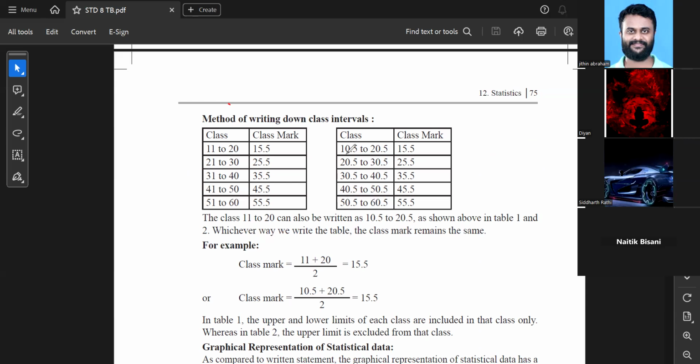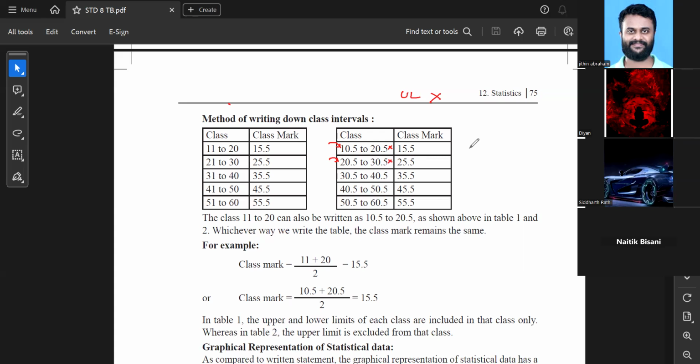Very simple. In that case you should always remember upper limit को exclude करना है. For example, in this case, 10.5 to 20.5 में you will include 10.5 but you will exclude 20.5. In second case you will include 20.5, you will exclude 30.5.